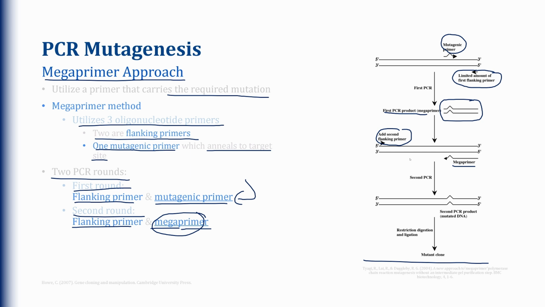Here you can see the Megaprimer, so that you can produce the new strands that have been mutated in the second round of PCR. You can then perform restriction digestion with DpnI to remove the parental template strands, and then you can perform ligation so that you can have the mutant clone. And this concludes this discussion on PCR mutagenesis approaches.